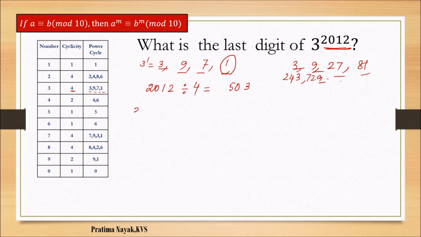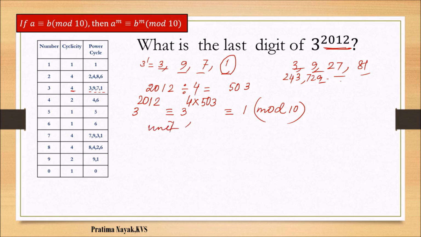So I will write 3 raised to the power 2012 is congruent to 3 raised to the power 4 into 503. This is congruent to 1 modulo 10. So the remainder, or last place digit, is 1.